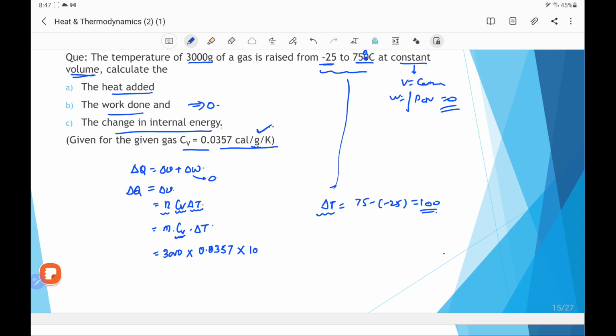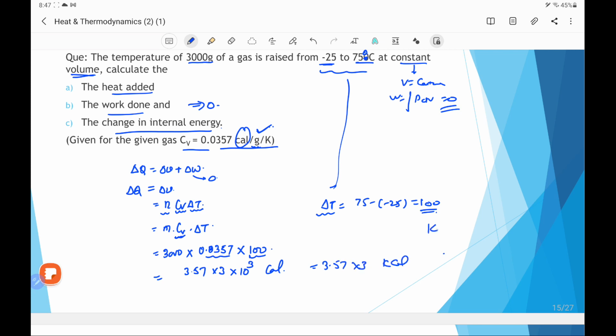So we multiply it with 100 and it will be equal to 3.57, because if we multiply this quantity by 100 it will be 3.57 into 3 into 10 to the power 3, and this heat will be in calories, or we can write it as 3.57 into 3 kilocalorie.